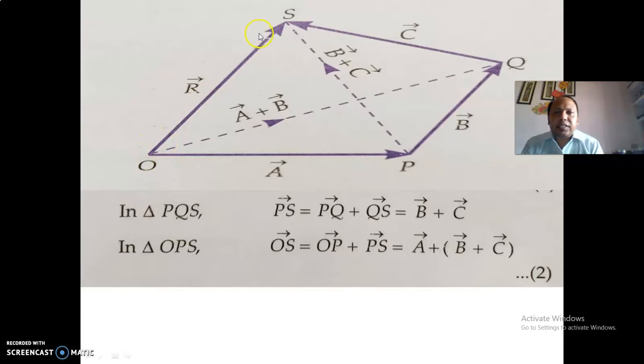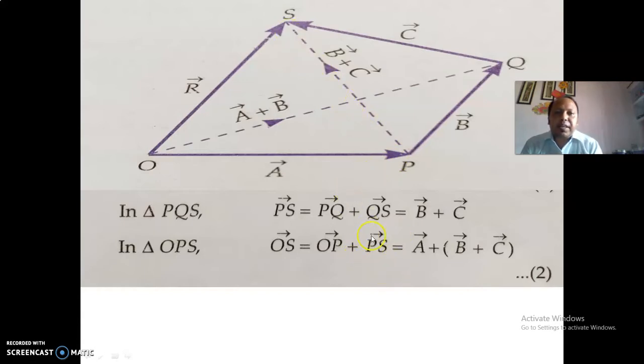Now for the resultant vector, we have to take the triangle OPS. This is P and this is S. So in OPS, this is vector A, which is OP, plus the vector PS. They are taken in the same order, then the resultant will be given by OS. So the resultant vector OS is written as OP plus PS.